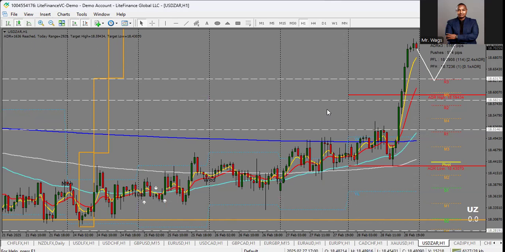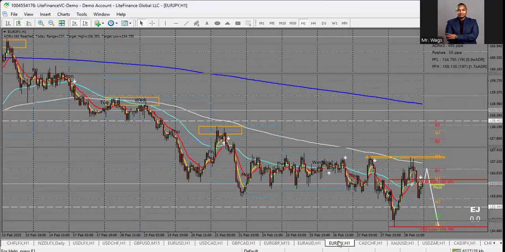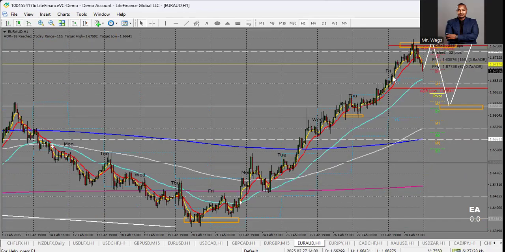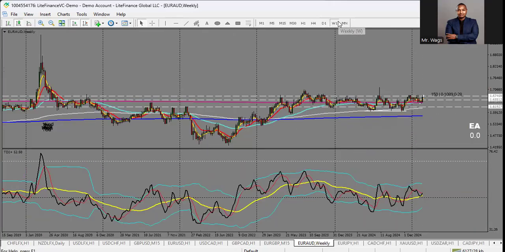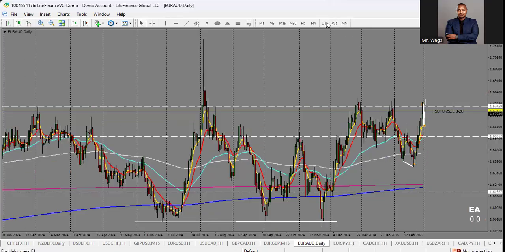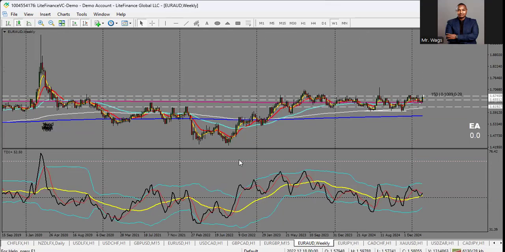So that means the dollar is showing strength. And as for EURJPY, we are still looking at selling. And for EURAUD, we are still looking to buy, simply because we have a very strong bullish market structure on the daily and weekly time frames.